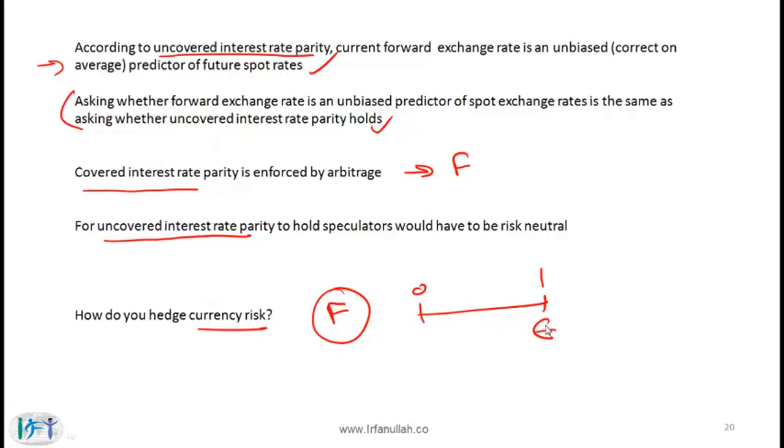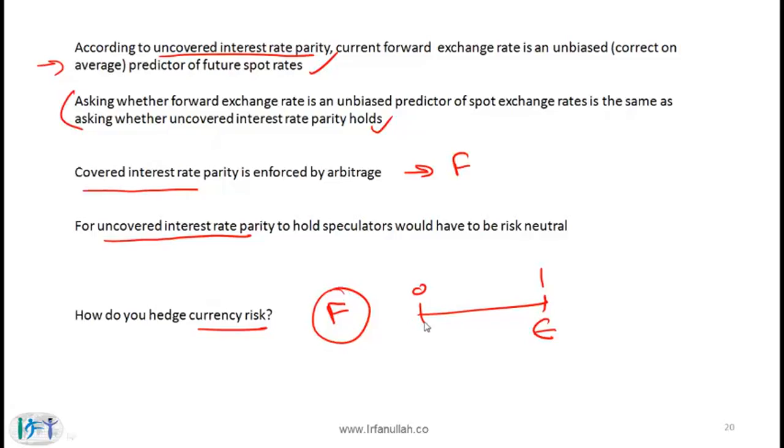To remove currency risk, you will essentially make the investment and also get into a forward contract which locks in the euro dollar rate that you will get at the end of your investment horizon. So that's how you hedge your currency risk.